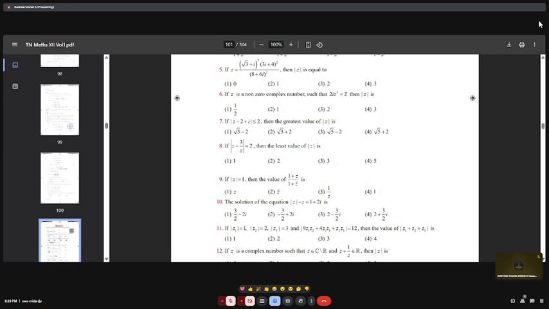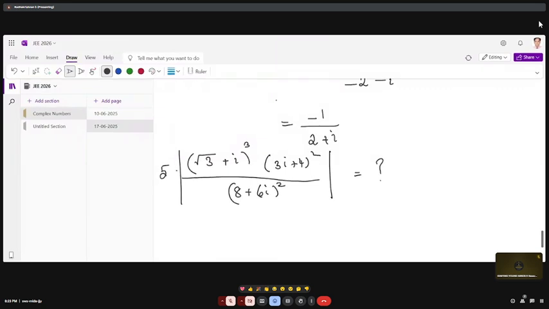What is the modulus of this? So you're asked to find the modulus of this complex expression.